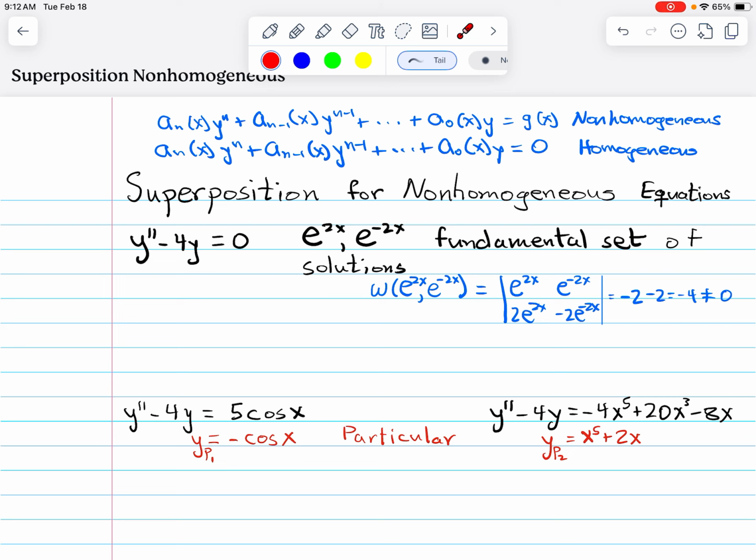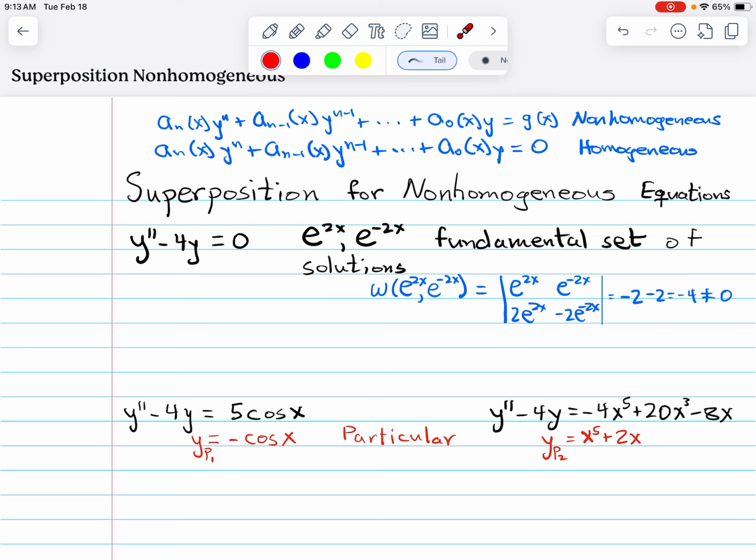Recall that if we have a homogeneous differential equation like this, y double prime minus 4y equals 0, and we're told that these functions are solutions. For example, we're given e to the 2x and e to the negative 2x. We're just given a couple of functions and told these are solutions to that differential equation.